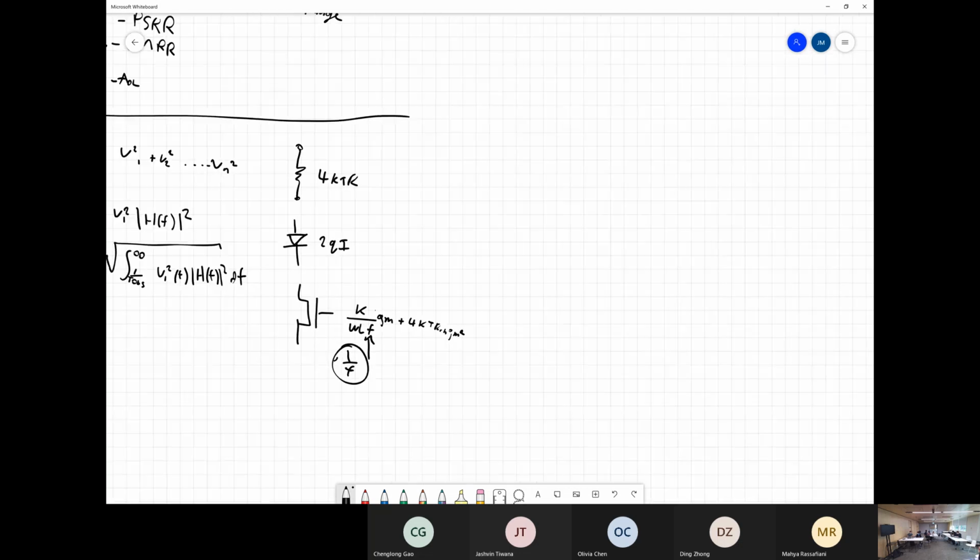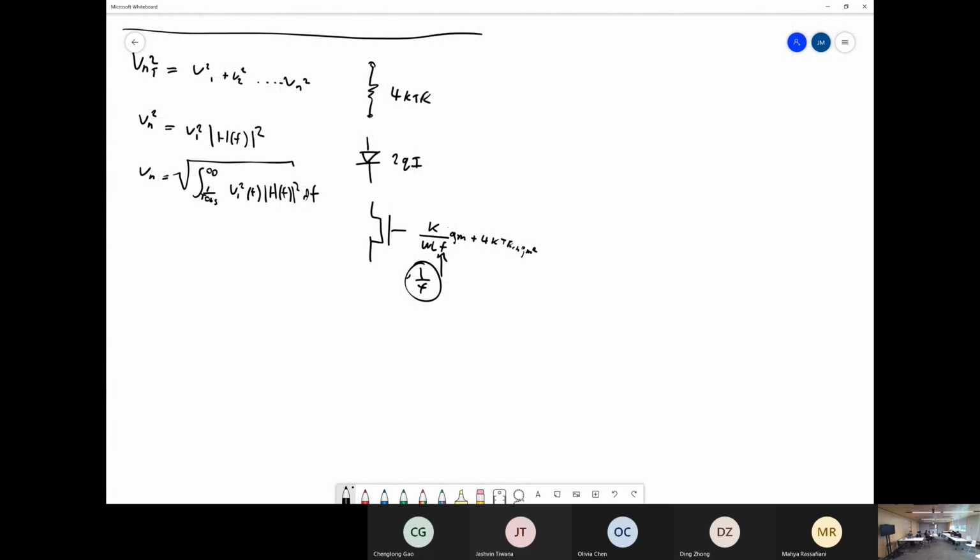So if I showed you a noise plot like this, what component do we think that is? It doesn't change with frequency, so this would be like a resistor, right? If I showed you something that looked like this, what component would that be?